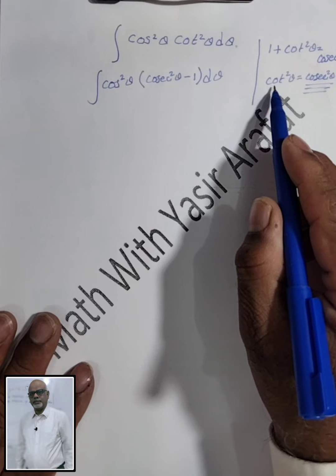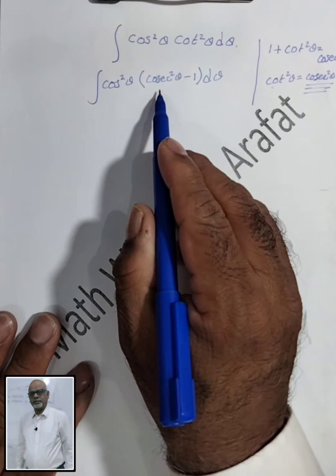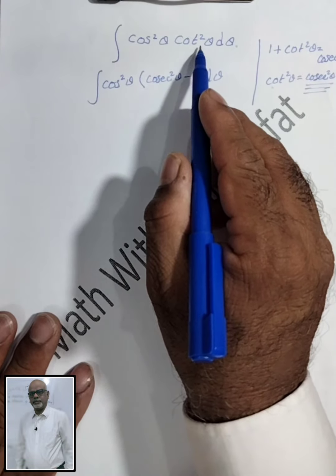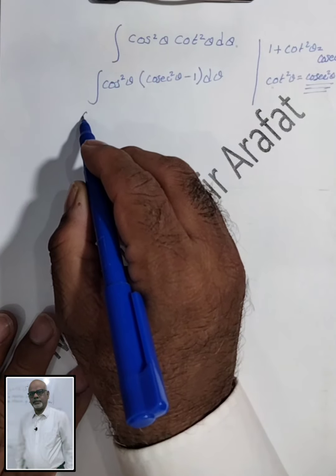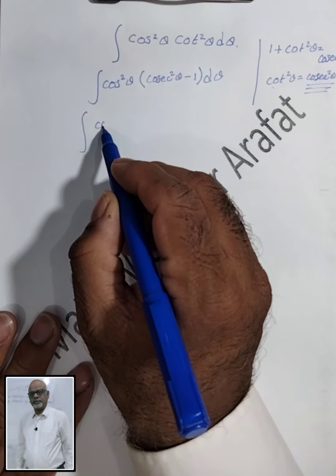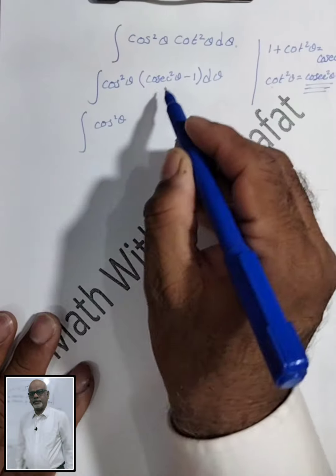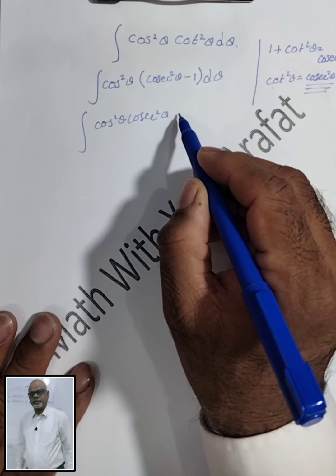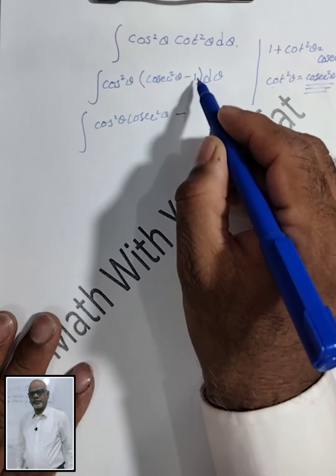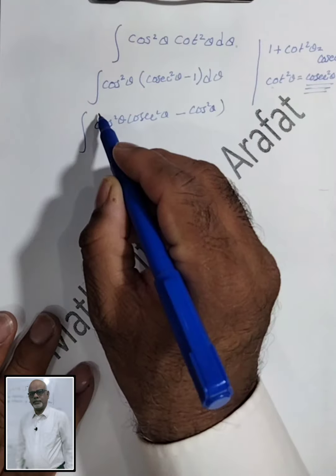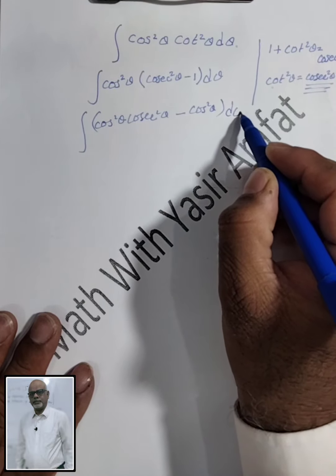We have the value of cot square theta equal to cosec square theta minus 1. We put the value of cot square theta here, so now we multiply cos square theta into cosec square theta minus 1. So this is cos square theta cosec square theta, and then cos square theta multiplied by 1 remains the same.